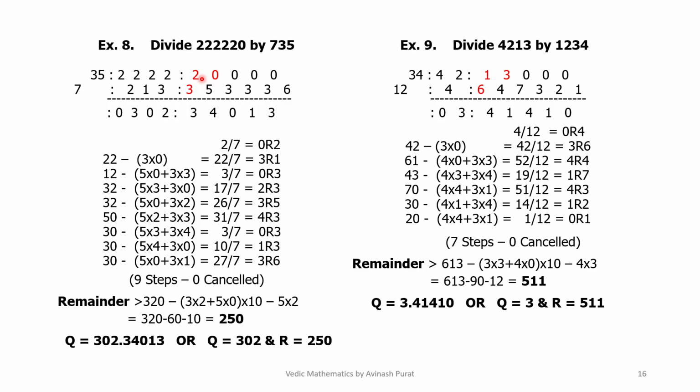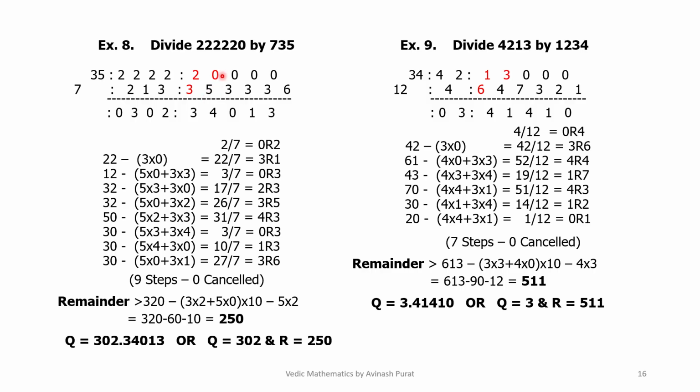Next dividend is 32, again 32 minus 5 into 0 plus 3 into 2, that is 6. 32 minus 6 is 26 divided by 7, quotient 3 and remainder 5.